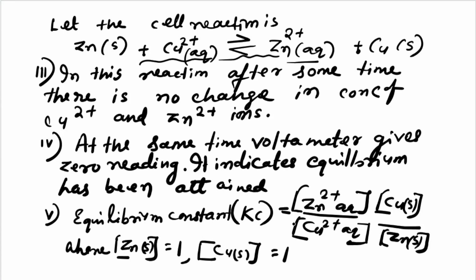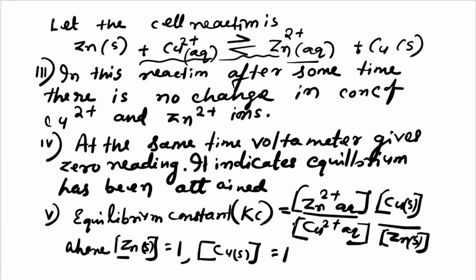Only a reversible reaction gives the equilibrium condition. In this reaction, after some time, there is no change in the concentration of Cu2+ and Zn2+. That is why you put the reversible sign, as you know from 11th class. That means there is no concentration change of the cations; here for Zn2+ and Cu2+ there is no change of concentration.